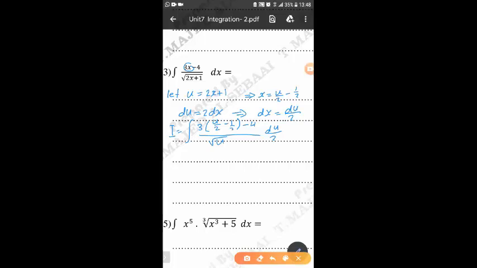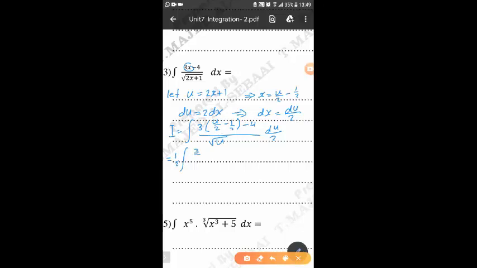So my question now is much, much easier. I will take this 3 and this 2 outside the... I cannot take that 3 because that 3 is multiplied by the first bracket only. So I cannot take 3 out. I can only take half, which is half integration multiplied by 3.